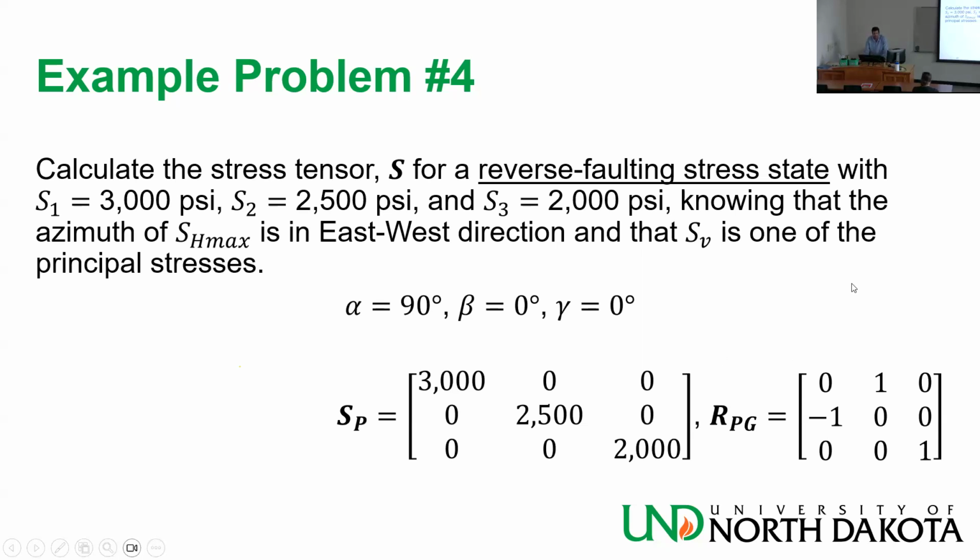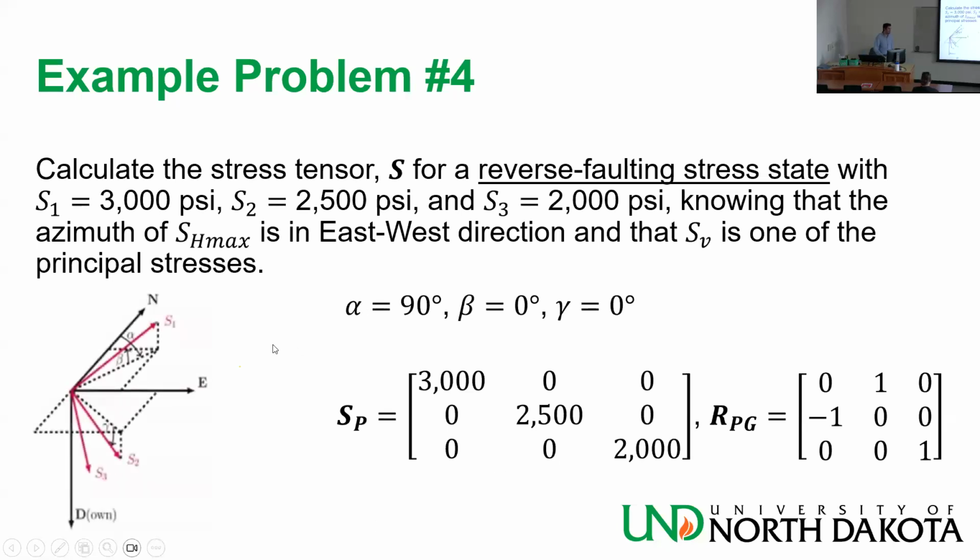Basically here we have the same problem, but with a reverse faulting stress state, same numbers. Now SH max is in the east-west direction. And SV is one of the principal stresses again. The last part is a little bit redundant, because if we call it SV, it sort of expects to be one of the principal stresses.